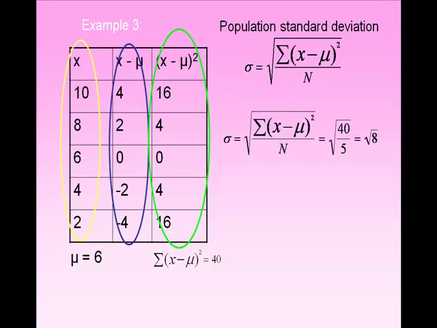Sigma of x minus mu squared is 40. Capital N for population, there were 5 pieces of data. So I'm looking at the square root of 8 for my sigma. It's about 2.8.